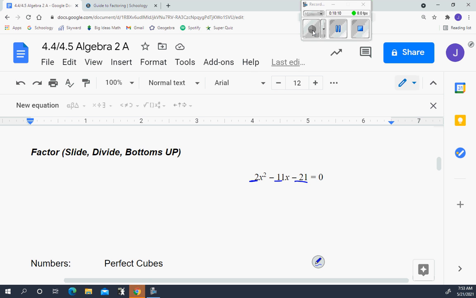To take out a 2, 11 and 21 would have to be divisible by 2. Is that the case? No. I have an x squared here and an x, but I don't have an x there, so I can't take out anything. No common factors.